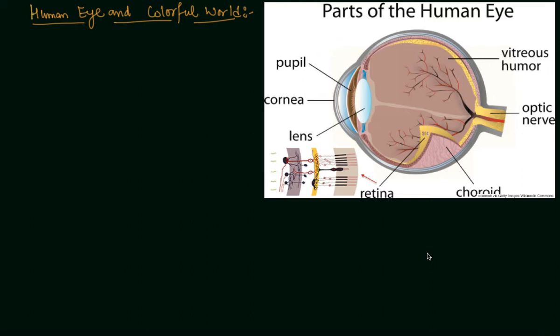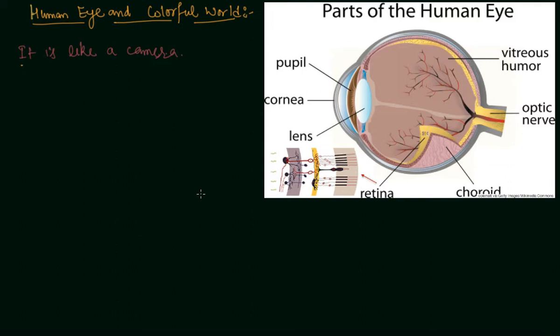Thus, of all the sense organs, the human eye is the most significant one as it enables us to see the beautiful world around us. The human eye is like a camera. One by one we will discuss each part in detail and its functioning.